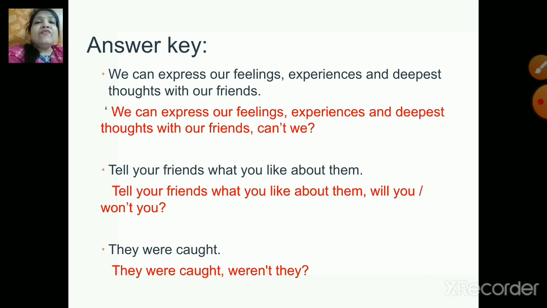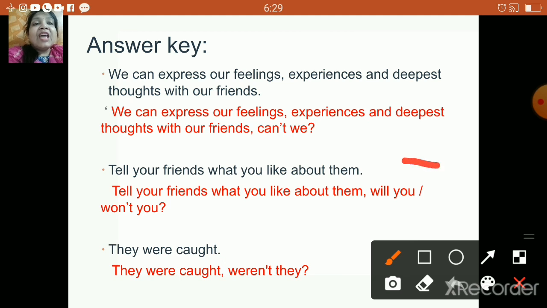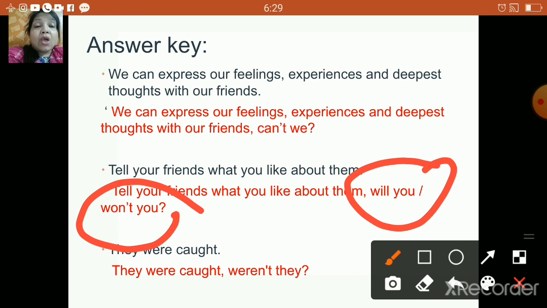Next one. Tell your friends what you like about them. So tell your friends what you like about them, comma, will you or won't you? Now children, over here we have used either a negative or you can also use a positive. As we know the rule, tell is your verb, and when we come across a verb at the starting of the sentence, when we talk about imperative sentences, like tell your friends what you like about them, this is an imperative sentence.